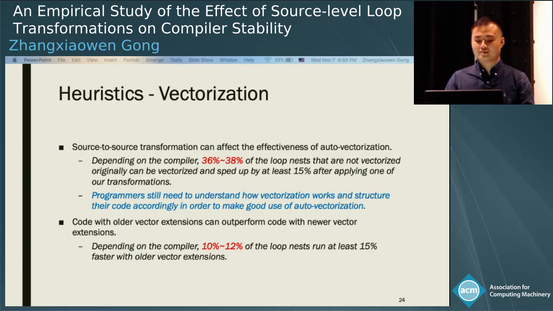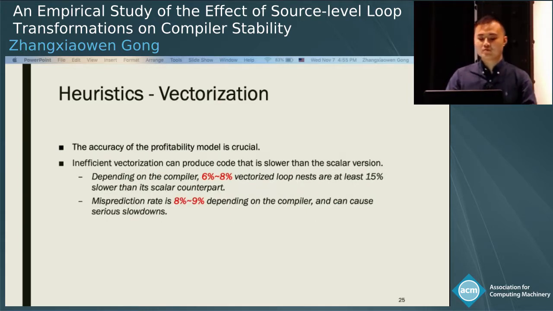We also found that code with older vector extensions can outperform code with newer vector extensions. Most importantly, we found that the accuracy of the profitability model is crucial for vectorization, because inefficient vectorization can produce code that is slower than the scalar version. And we found that the missed prediction rate of their vectorization model is between 8% to 9%.